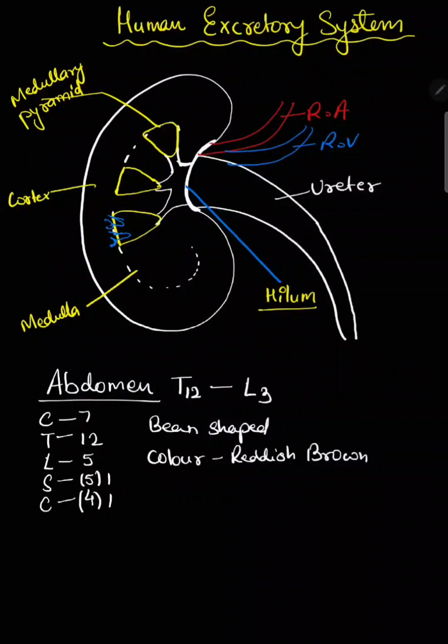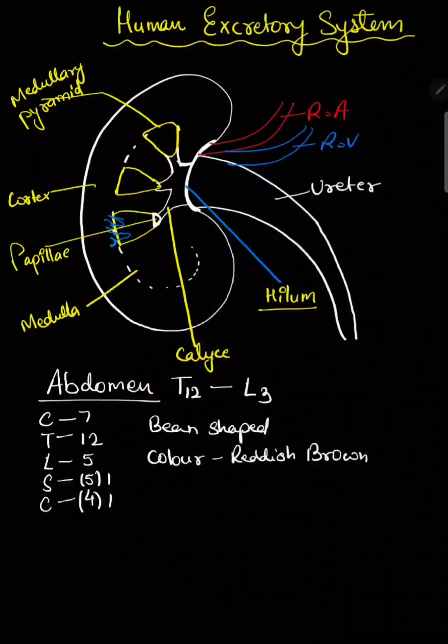The end portions of the medullary pyramids are called the medullary papilla. These portions are called calyces, calyx.